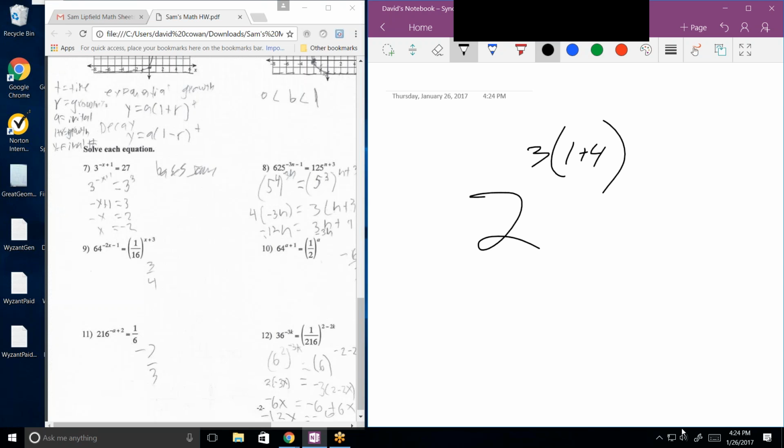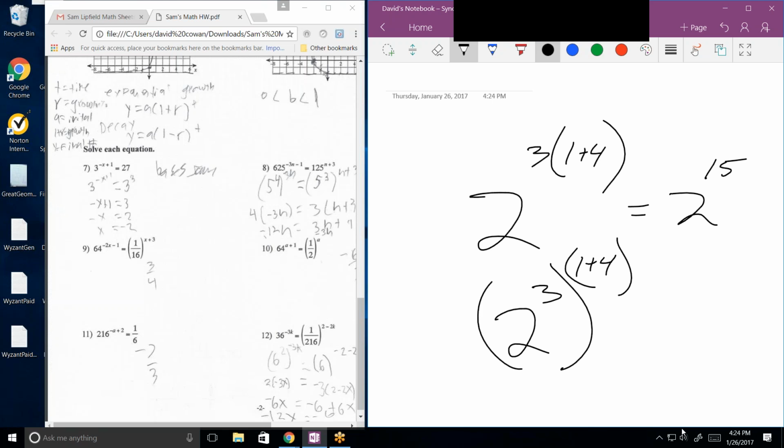That's the same as 2 cubed to the 1 plus 4 power. In other words, what you're really doing is double exponentiation, and that calls for multiplying the exponents together. So either way, you get 2 to the 15th.